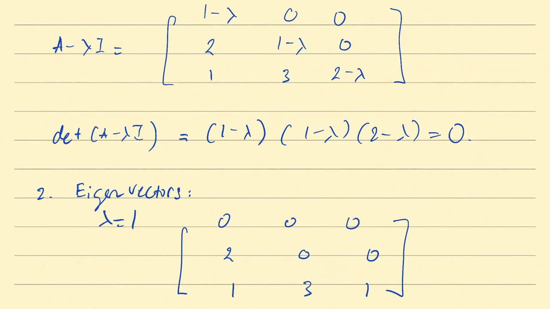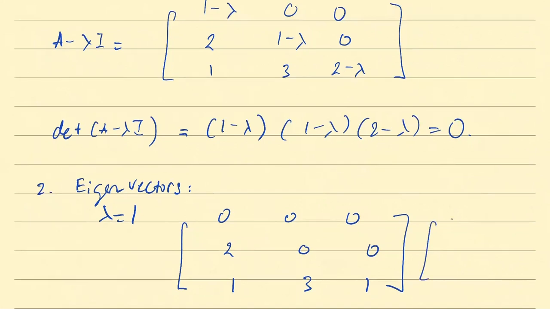Right off the bat, with linear algebra knowledge, how many eigenvectors do I get here? Solve this times v equal to 0.